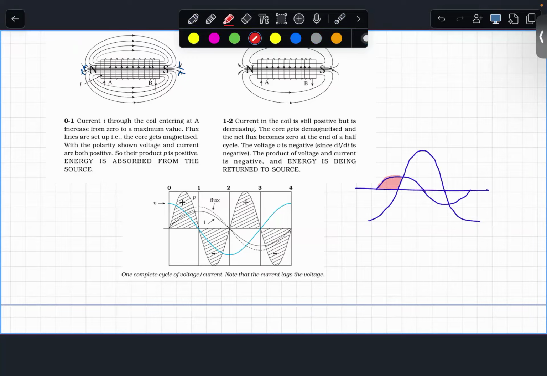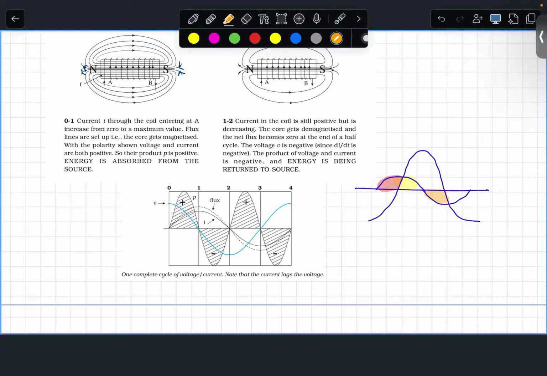this is one region where the dot product or the product is negative. And this is one region where the product is being positive. And again, this is one region where the product is being negative.